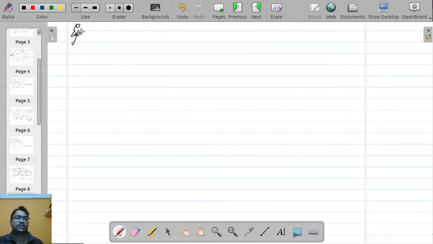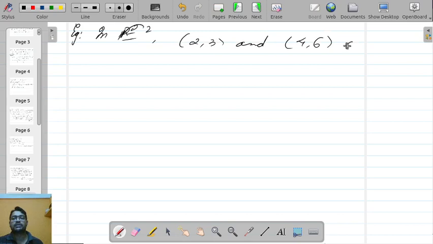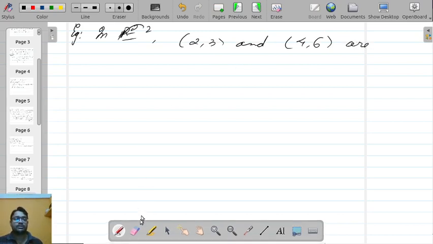So for example, in R square, already we have done this example, or let me take some other example, something like (3, 4) and (9, 12). (3, 4) and (9, 12) are linearly dependent.